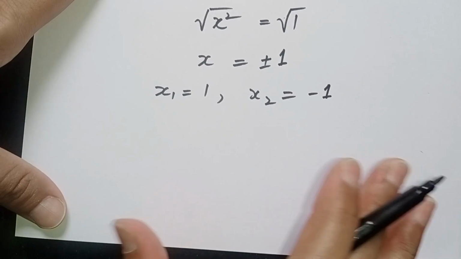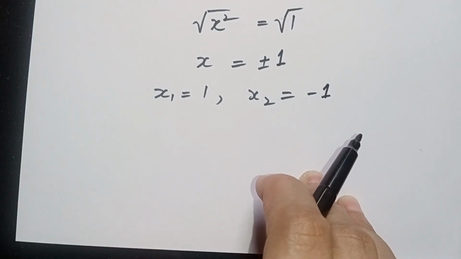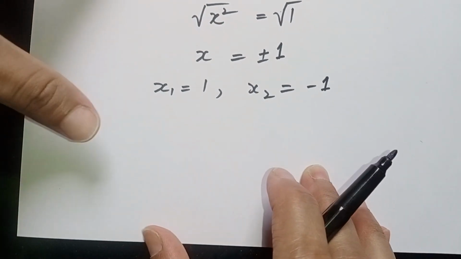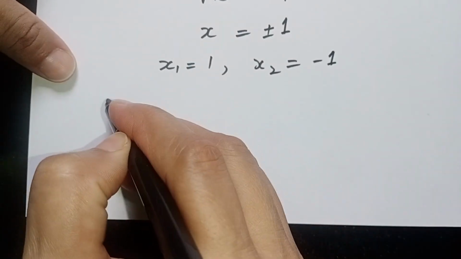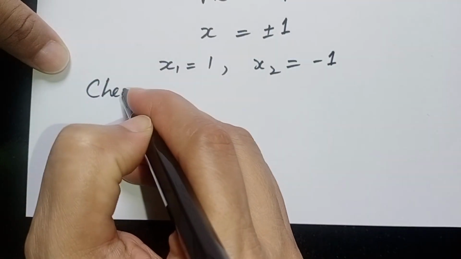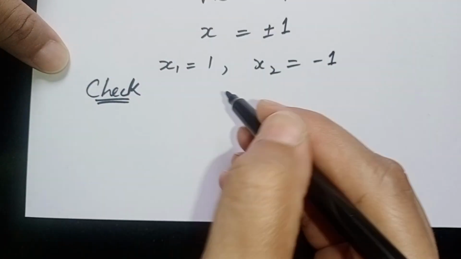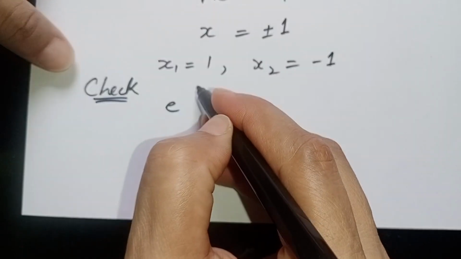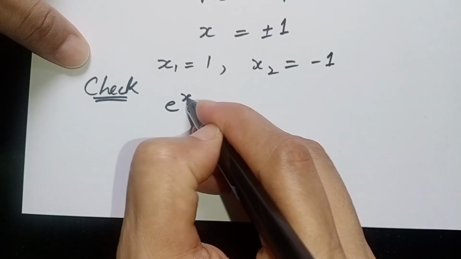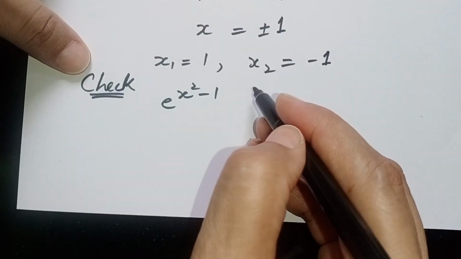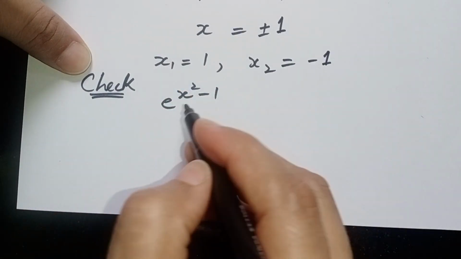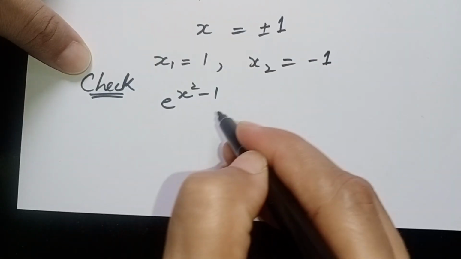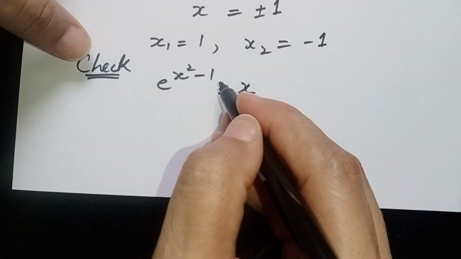So now we need to check both of our values. For the check, we need the equation e^(x²−1) is equal to x. First of all, we will plug in the value x equals 1.